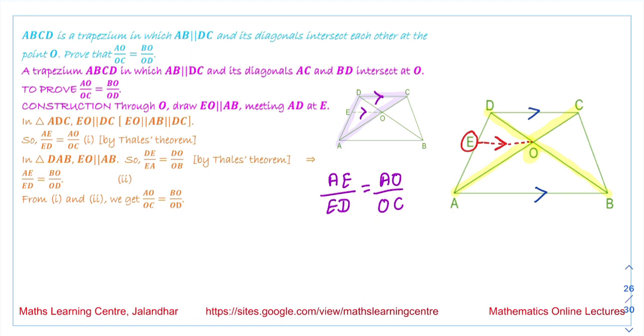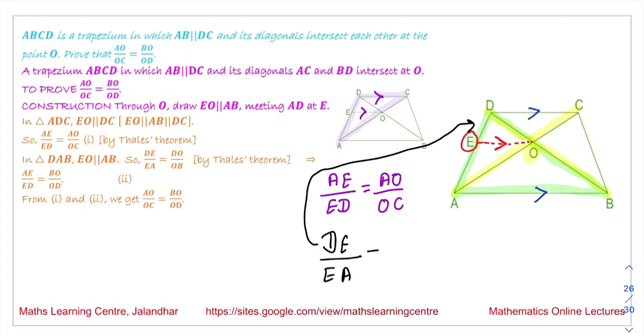Next, when we are considering the triangle DAB, in this triangle we have DE, that is this side we are talking about, over EA, that is equal to DO over OB.